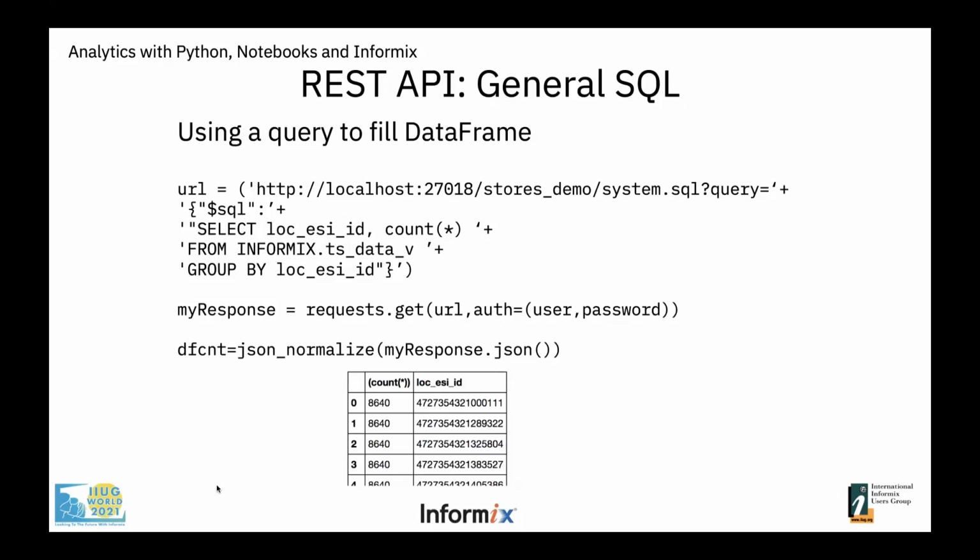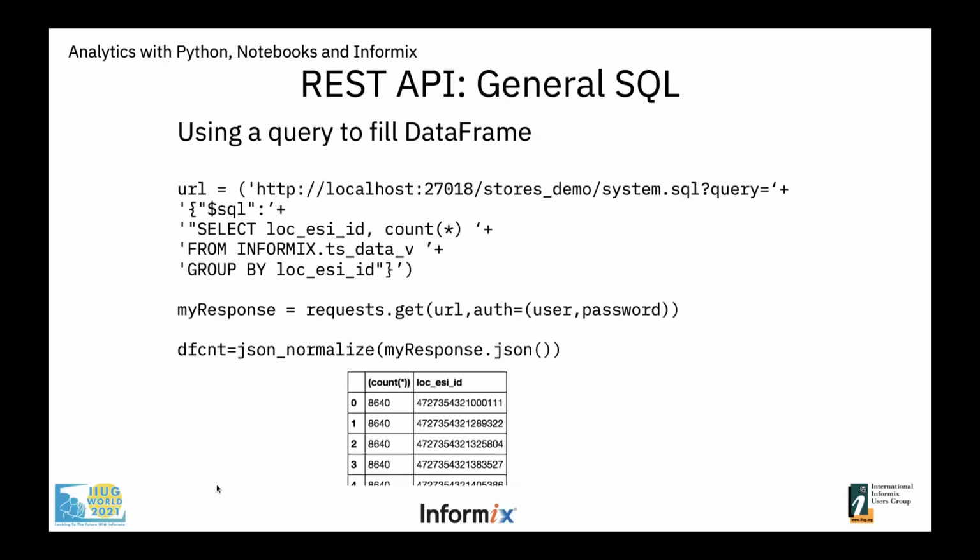First, we are saying $SQL. And after that, we are giving the SQL statement, just as you always write your SQL for Informix. And when you do that, we are doing some grouping and aggregation.